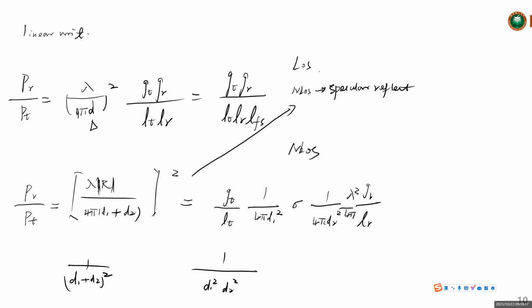So from this equation, for much longer distances, this term is much smaller than this term, right? So this one is going to be much larger than this one.